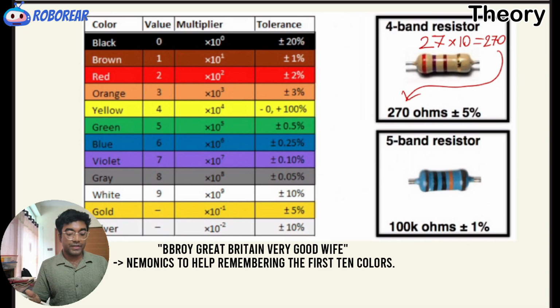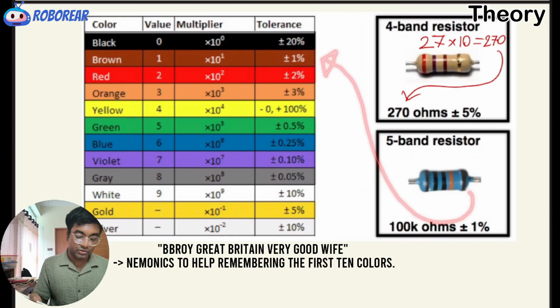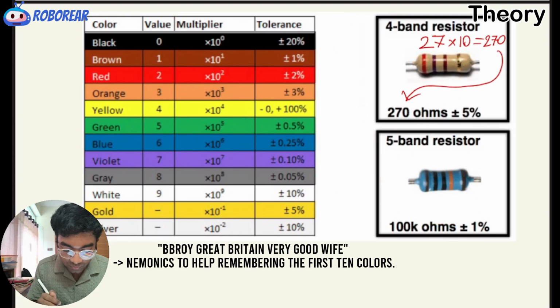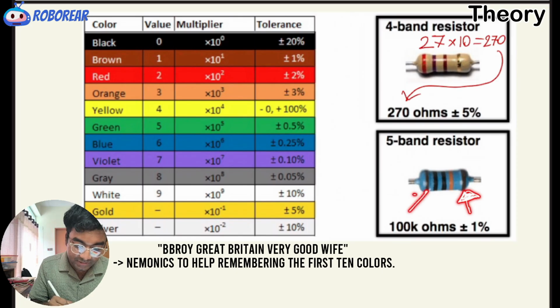So let's start with the 5 band resistor, or the metal film resistor. Here mostly the tolerance color is brown, and brown defines 1. For this one, here's a brown band, and here is another brown band.